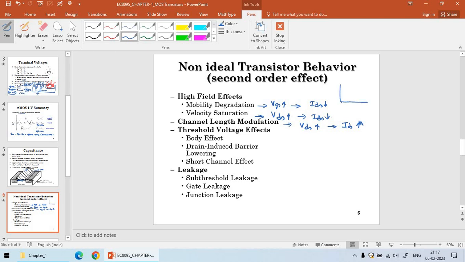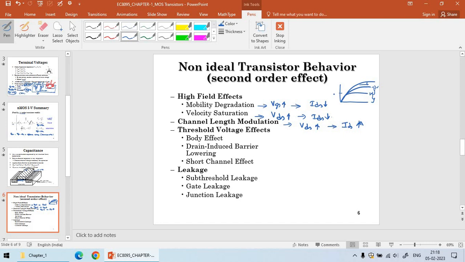So if you draw the characteristic, this is the slope which is caused due to the channel length modulation. If you take the difference between the gate voltages, the current is going to differ. Suppose VGS1 is 1 volt and VGS2 is 2 volts.